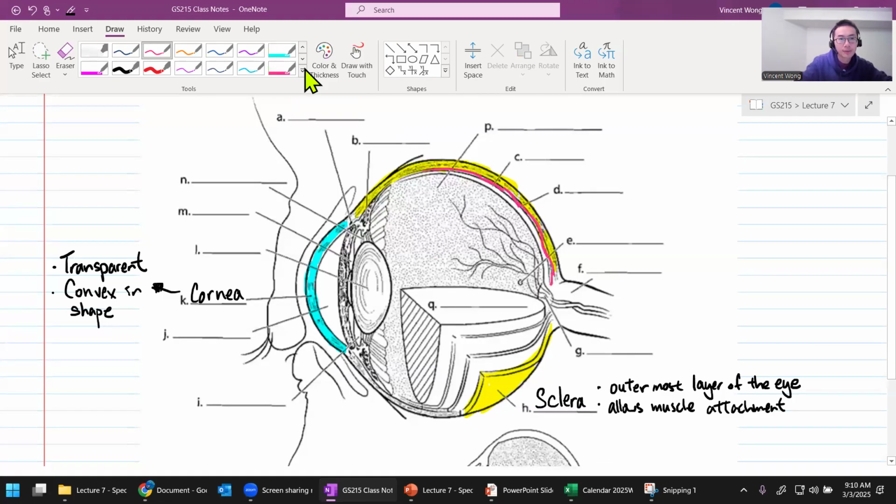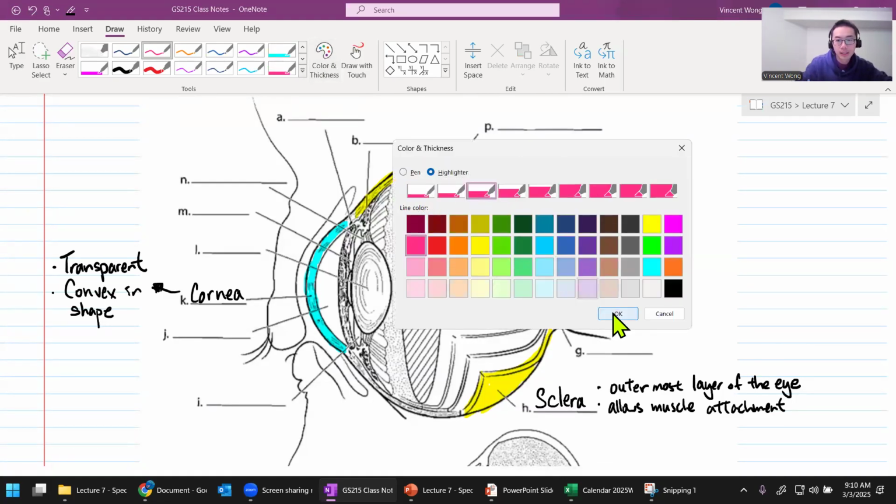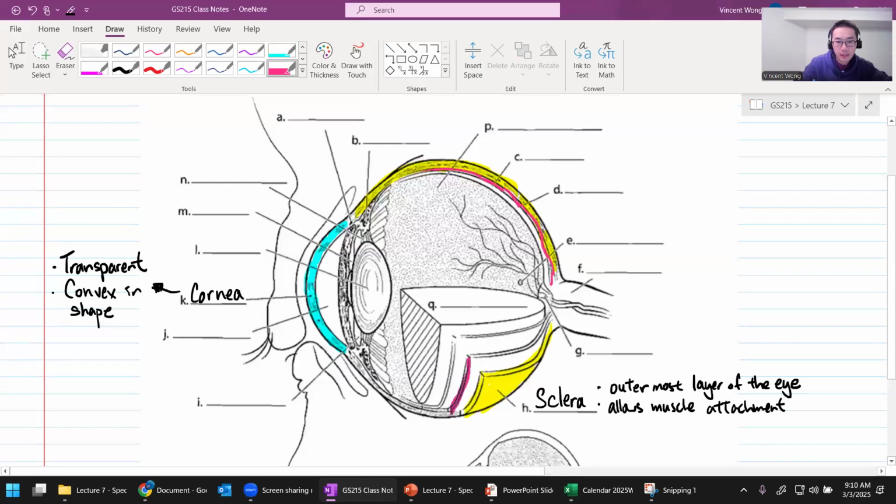There's the second layer. Okay, so that second layer is pointed here by D, and it is the choroid.